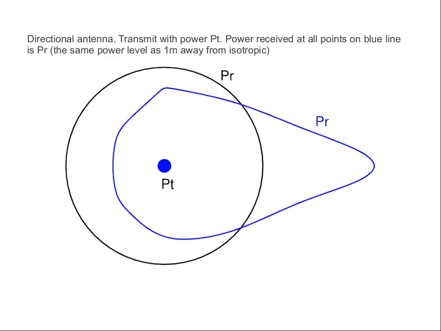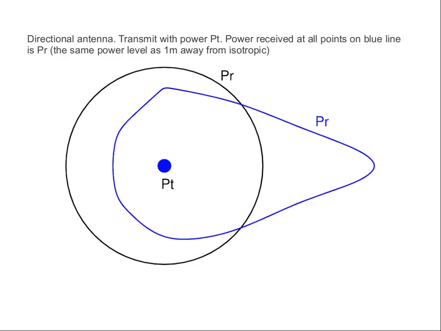What the blue one shows us is that if I measure at this point, I get a received power of 1 watt. If I measure, which may be, I don't know, 3 meters or 2 meters away, at this point on the blue line, I'm saying the received power is also 1 watt, and at this point 1 watt, and at all points that I measure the signal on that blue line, let's say we measure it to be 1 watt.